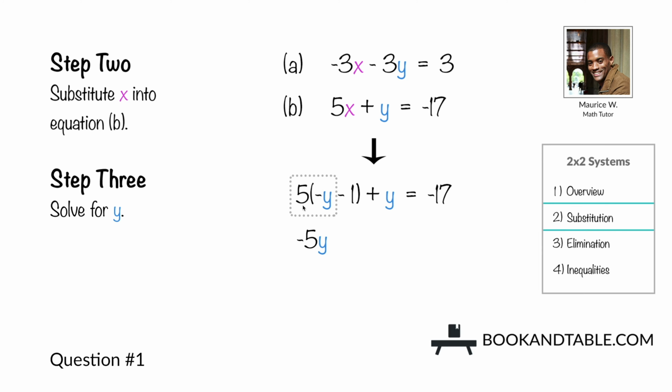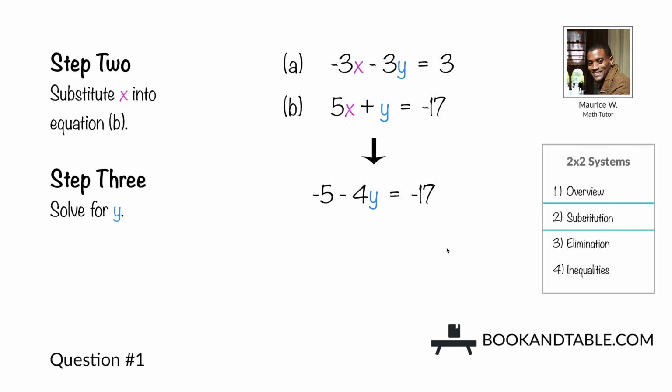You now want to distribute this 5 to both terms inside the parentheses, giving us 5 times negative y, which is negative 5y, and 5 times negative 1 is negative 5, plus y is equal to negative 17. You want to combine the like terms. Negative 5y plus y would give you negative 4y. So we wind up with negative 5 minus 4y is equal to negative 17.